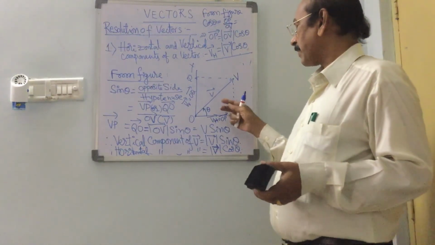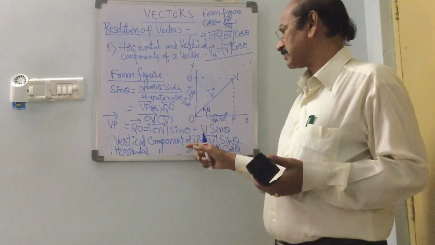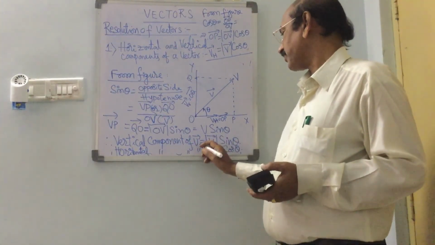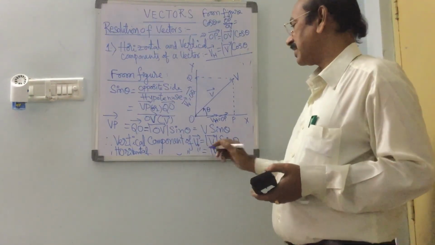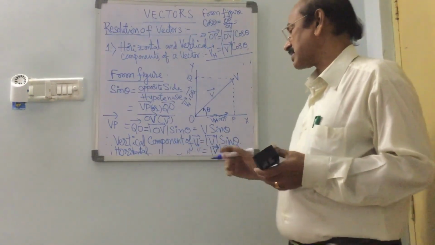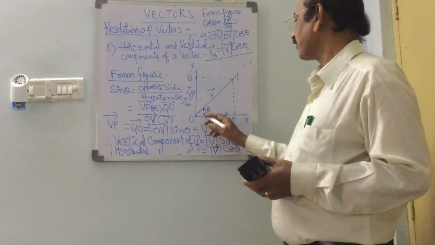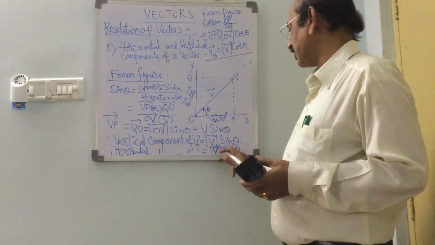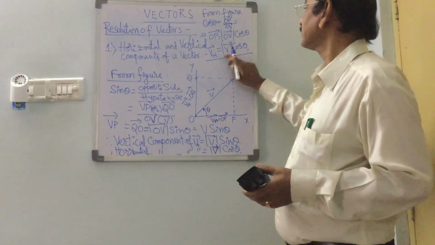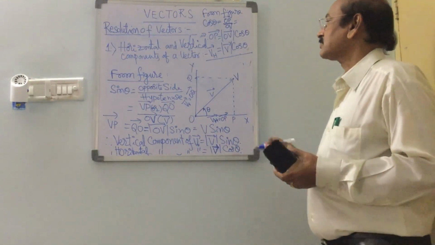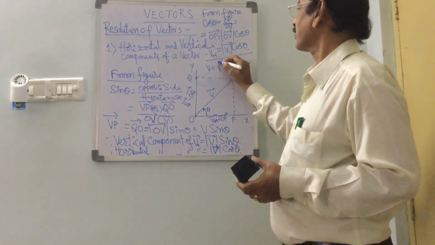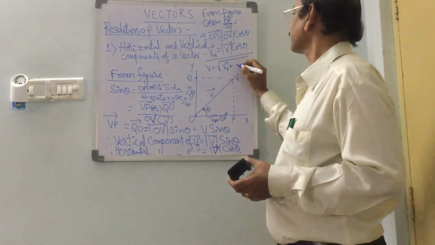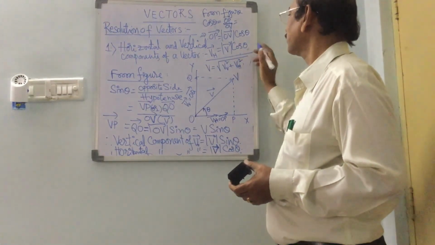A velocity vector V bar is resolved in vertical direction as V vertical equal to V bar sin theta, and the velocity vector's horizontal component, that is OP bar, is equal to modulus of V bar into cos theta, and V is obtained by modulus of V bar vertical square plus horizontal component magnitude whole square.